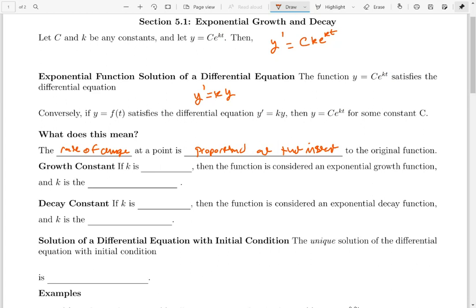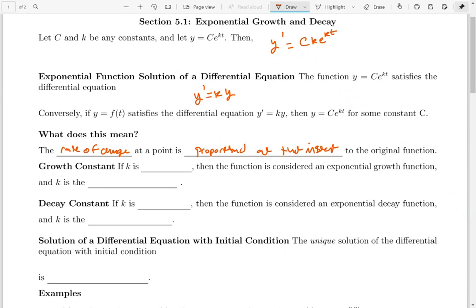And so let's think about this a different way. We know that y prime is the rate of change. Well, if you multiply the function y times a constant k, you're actually getting the rate of change. That is what we're saying. That rate of change at a point is proportional at that instant to the original function. This is really kind of neat.